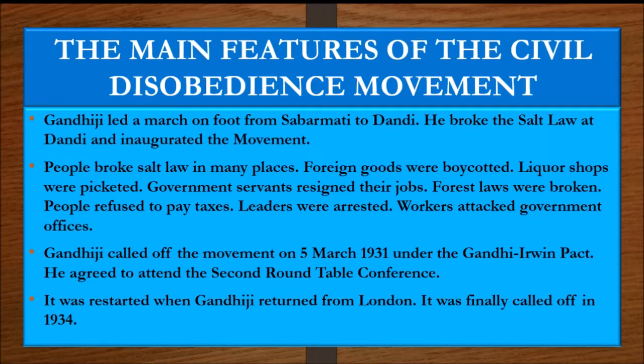Laws meant to conserve the forest areas were broken, and people started cutting wood and grazing their cattle. That is not good for our environment, right? That is why Gandhiji called off that movement in March 1931. We will see what happened next.